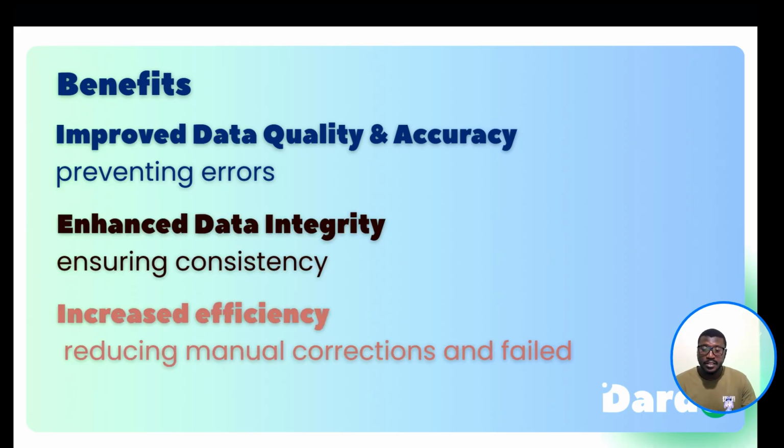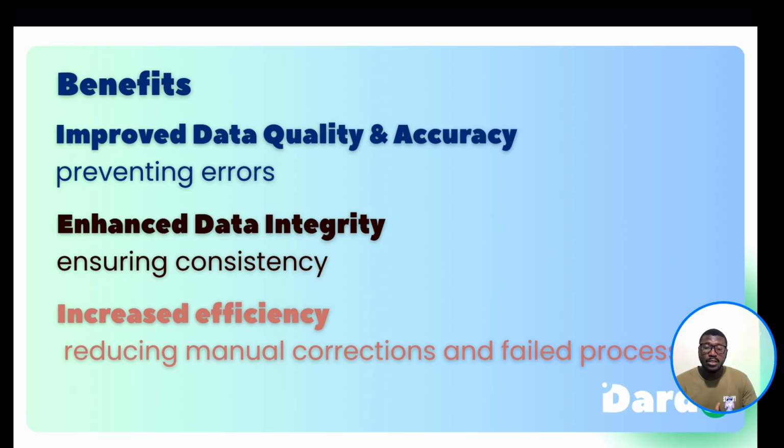Increased efficiency, reducing manual corrections and failed processes. And again, this is a norm with manual entries in data, where you constantly have to go back and update information because it was entered incorrectly, and that's a loss of time and efficiency too.